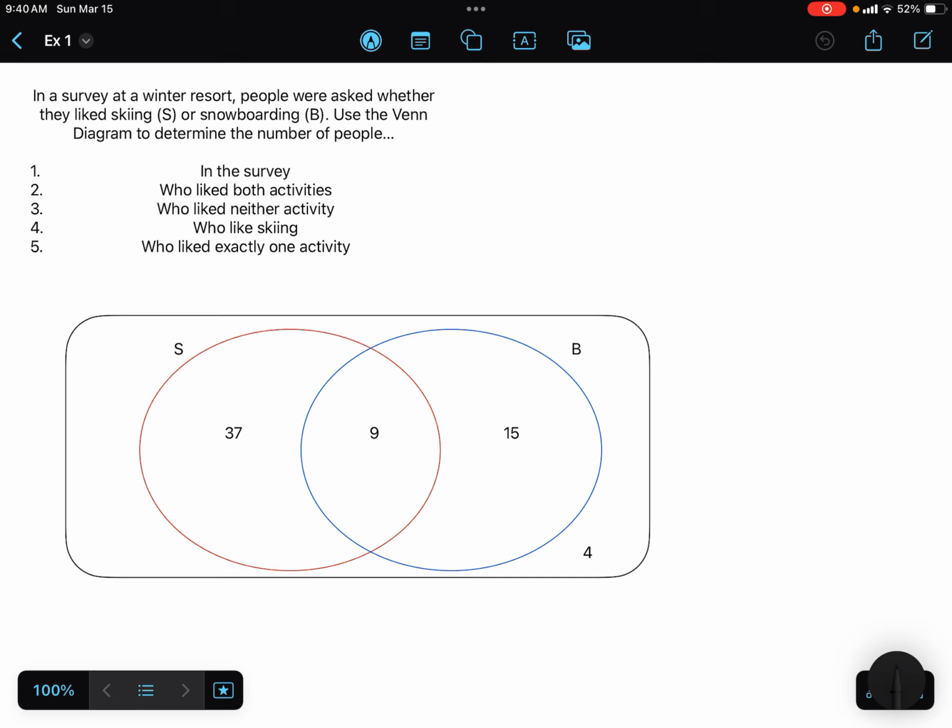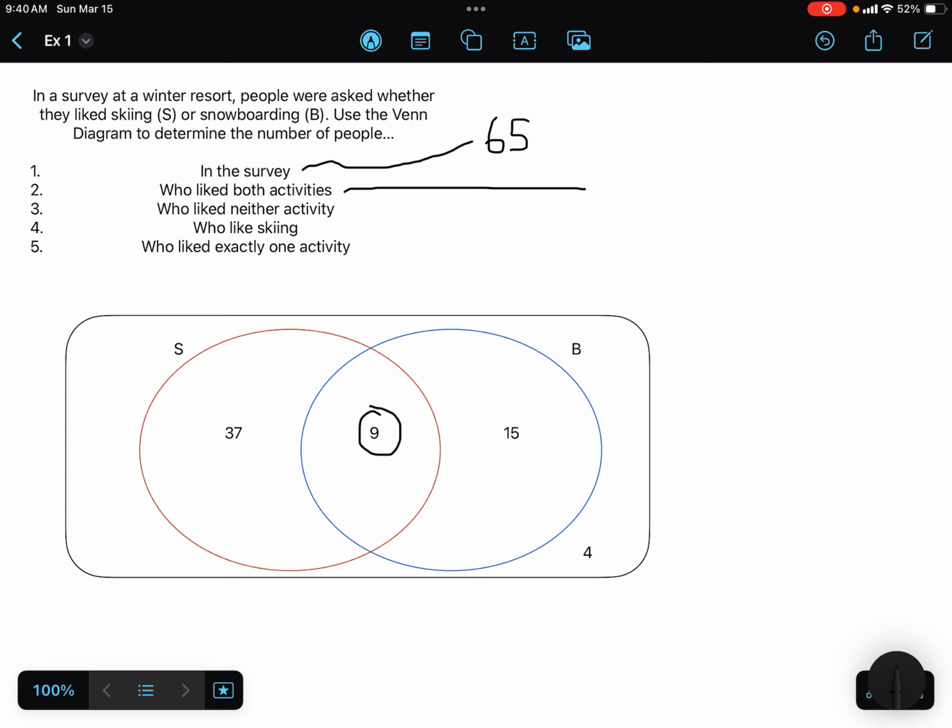37 plus 9 plus 15 plus 4, that gives us 65. So 65 people must have been asked the survey, and that's actually the first question. I don't have a lot of room, so I'm going to do this with my answers. 65 people were in the survey because that's what all 4 of these numbers add up to. Secondly, the people who said they liked both activities, well, that's going to be the overlap, and that's right there, that 9.